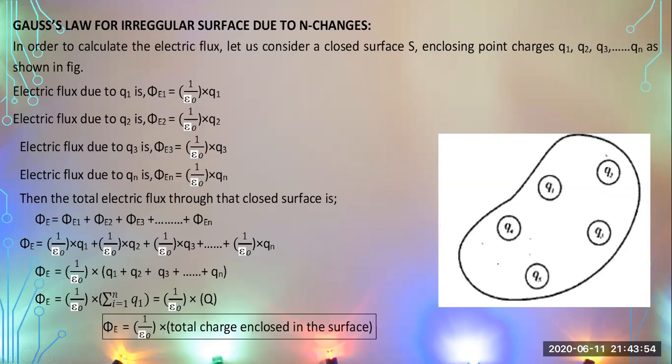So this was the concept, how to use the Gauss's law in case of a regular or complete spherical shape, and in case of irregular. If anyone asks you how will you calculate the electric flux in case of a closed but irregular shape, this will be the technique which is in front of you.